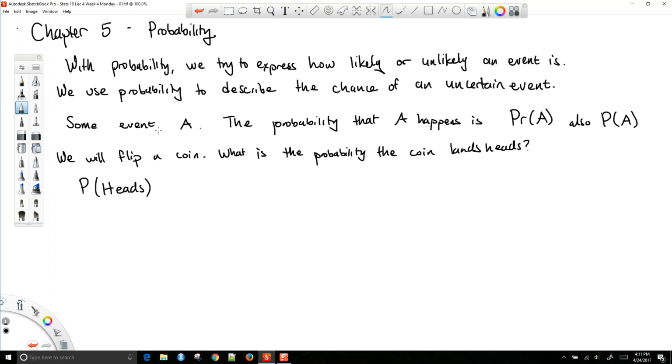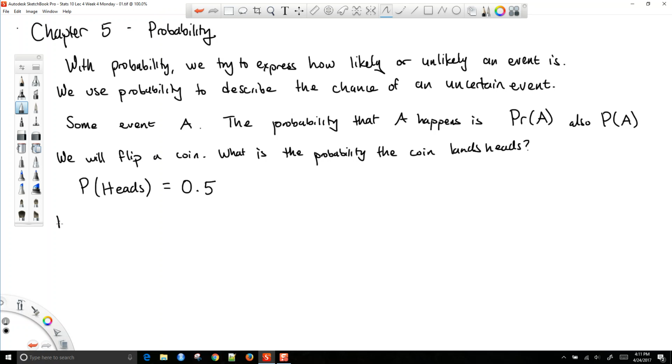And we would say this probability is equal to what? 1/2 or 0.5. Okay. And so for this number 0.5, here we are using the frequentist or classical view of probability.